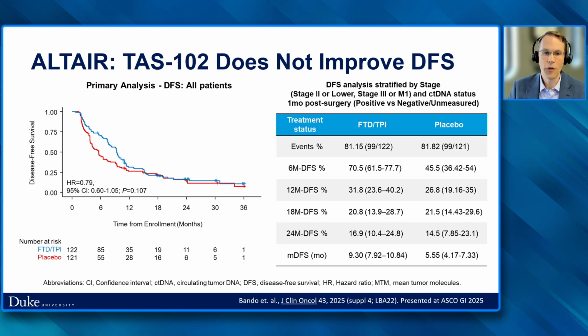And although there was a numerical improvement in disease-free survival for those patients that got TAS-102, it was not statistically significant. So unfortunately, trifluridine tipiracil or TAS-102 does not appear to be beneficial for those patients that are positive after completing adjuvant chemotherapy.